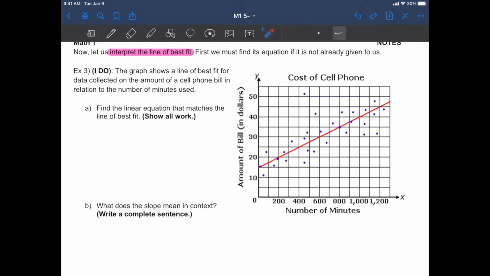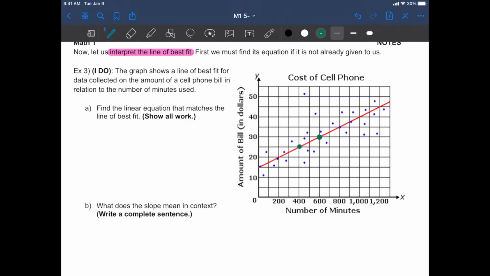And what we're going to do is ignore all of the data points, all the blue dots, because we don't use any of those dots to figure out the equation of the line of best fit. We try to find 2 points that are on this red line that we can read that go through corners. Okay, so I see 2 here. Let's go ahead and mark them up. Here's one, and here's another.